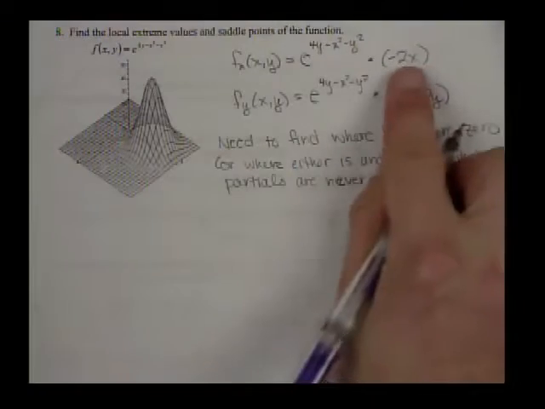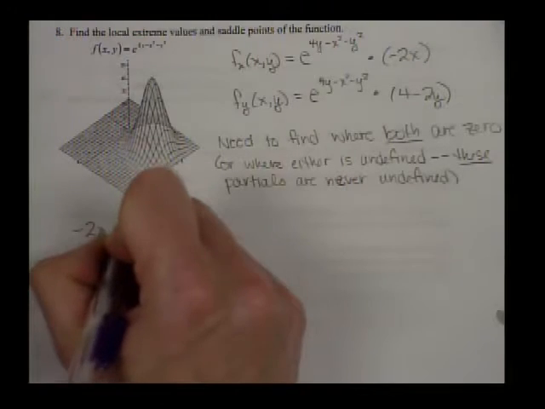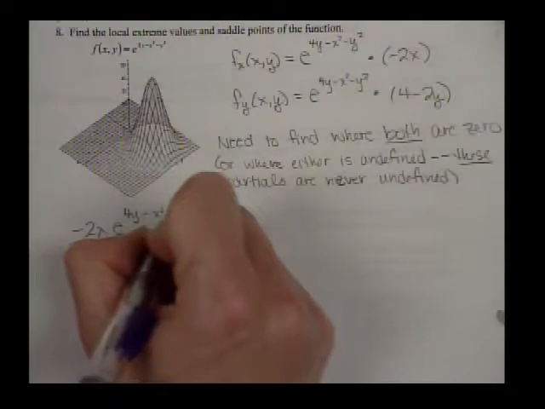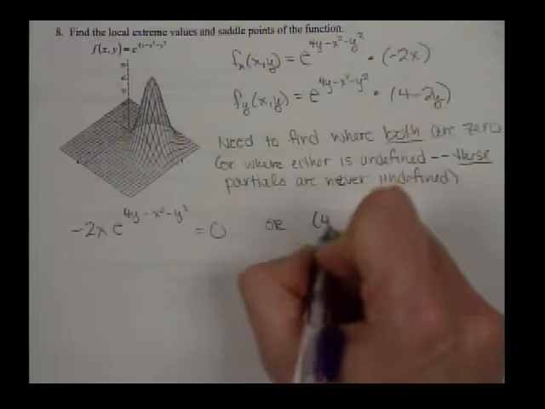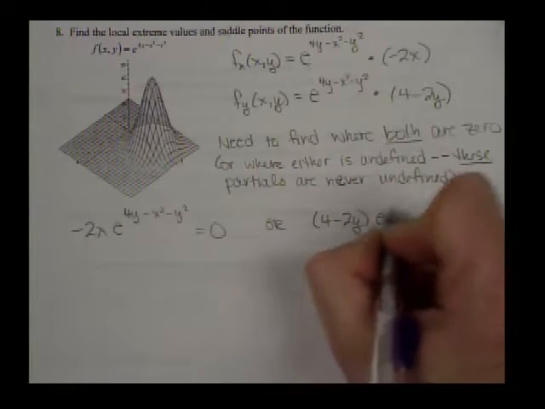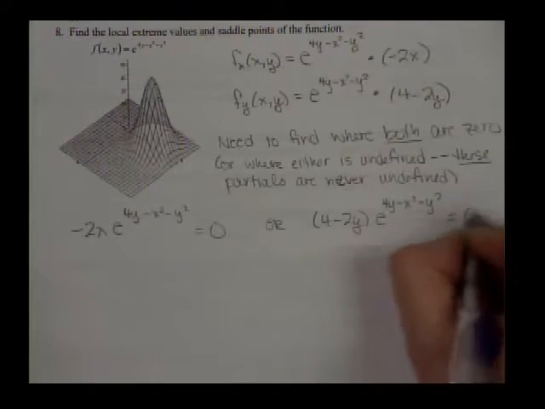Okay, so I'm going to set each of these equal to 0. So I get negative 2x e to the 4y minus x squared minus y squared equals 0, or 4 minus 2y times e to the 4y minus x squared minus y squared equals 0.